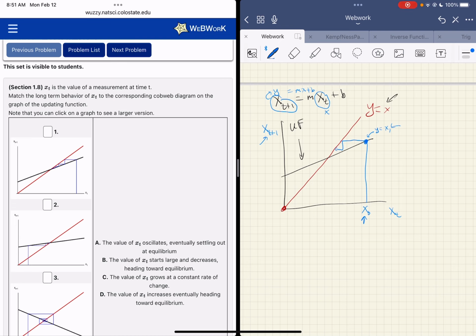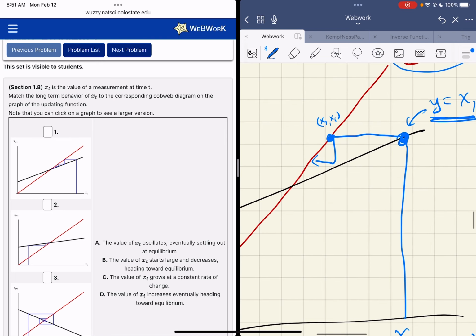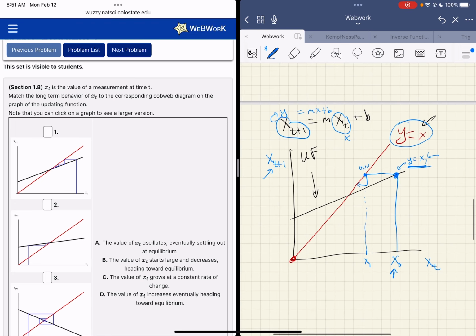And then the reason we travel horizontally is because we go to the line y equals x. So this y value used to be x1, and now this spot right here is x1, which is just saying this value here is x1. So traveling to the line y equals x is a way that we transform what used to be a y value into an x value.